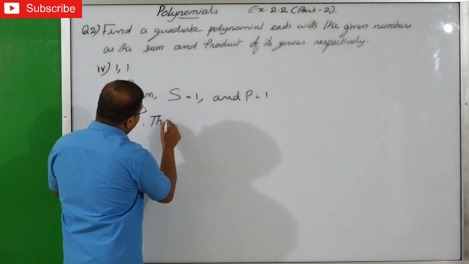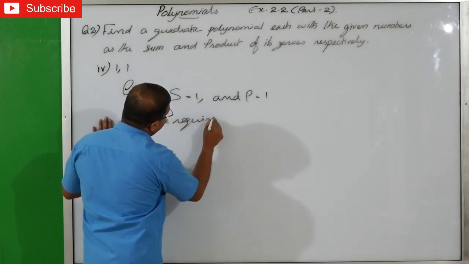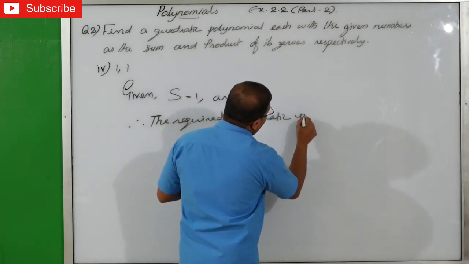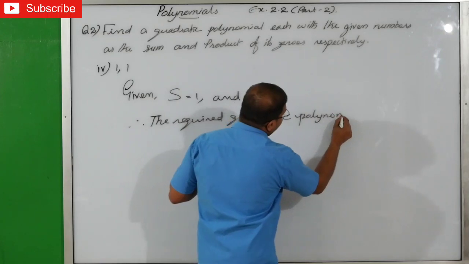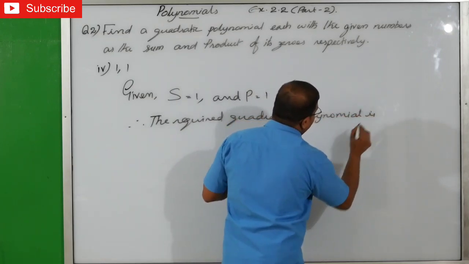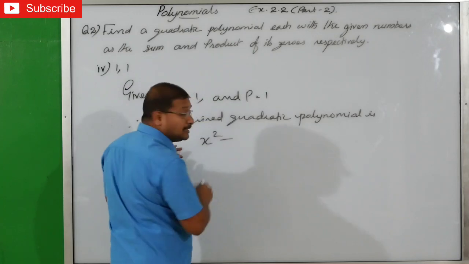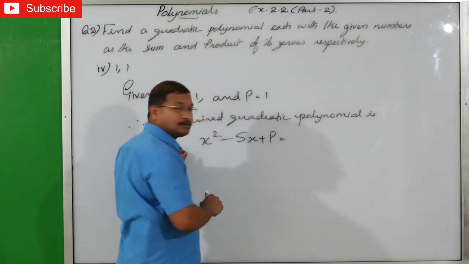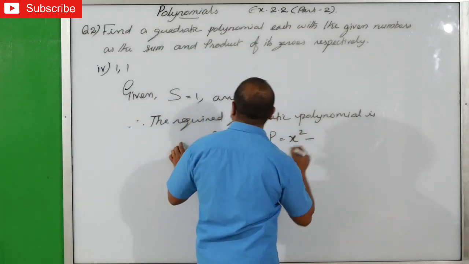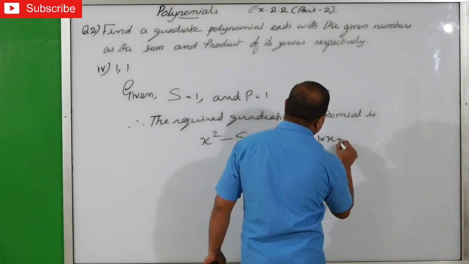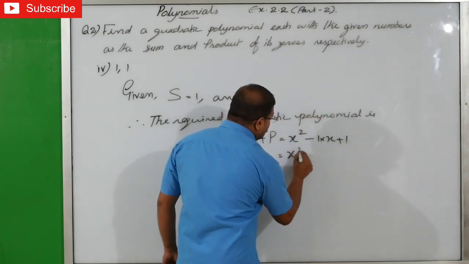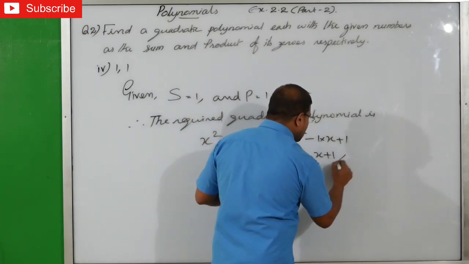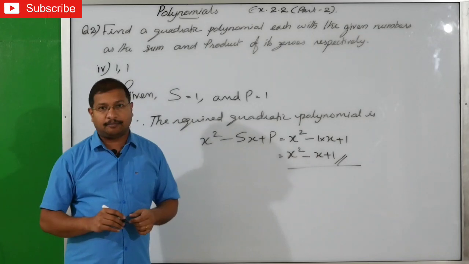Therefore, the required quadratic polynomial is x square minus sum of the zeros into x, that means sx plus product equals x square minus 1 into x plus 1. So this is the required quadratic polynomial.